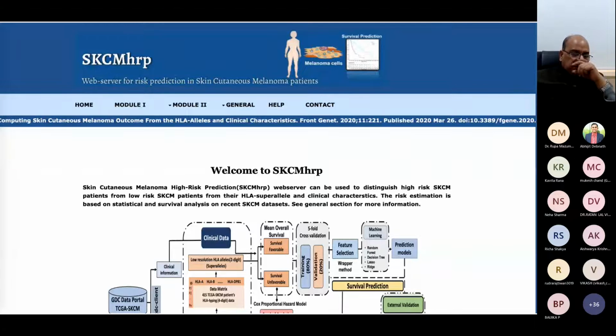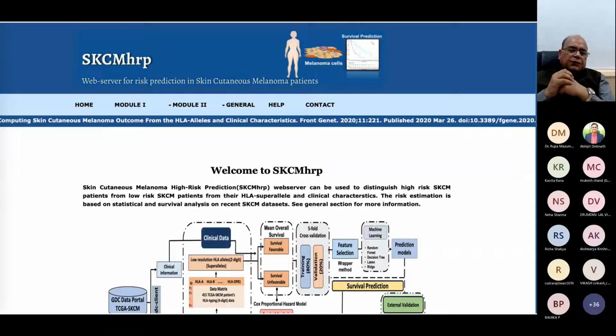This is based on skin cancer and HLA typing, because you know the immune system is not the same for all persons. We have different immune systems. Can we predict, based on the immune system, if a person is suffering from cancer, how risky it is?